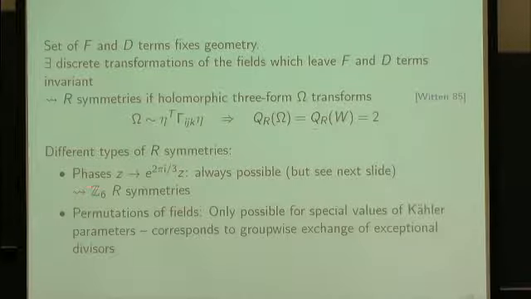So you would think that there are Z6 R symmetries. And then there's something interesting, because you see that the D terms are non-homogeneous on the right-hand side. They have basically Kähler parameters, which are the FI terms of these U1 symmetries. And for certain values, there are certain symmetries which correspond to permutations of these fields. You actually exchange sets of coordinates, and this gives rise to special types of R symmetries.